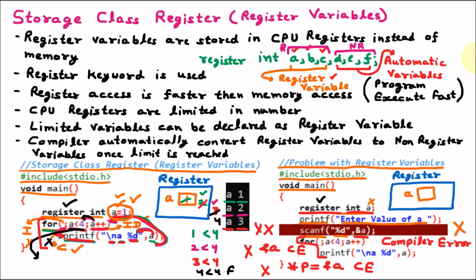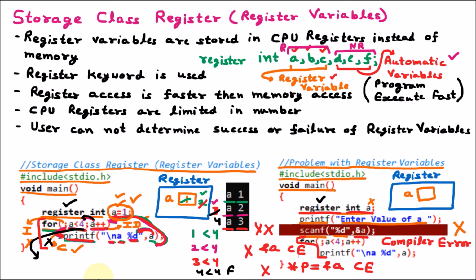So if the CPU register space is filled, then all remaining variables will be considered automatic variables. But the user does not have any information and is not aware of it. So we can say that the user cannot determine the success or failure of a register variable. Throughout the program, the user is not aware which are register variables and which are non-register variables, because the user has declared all the variables as register.